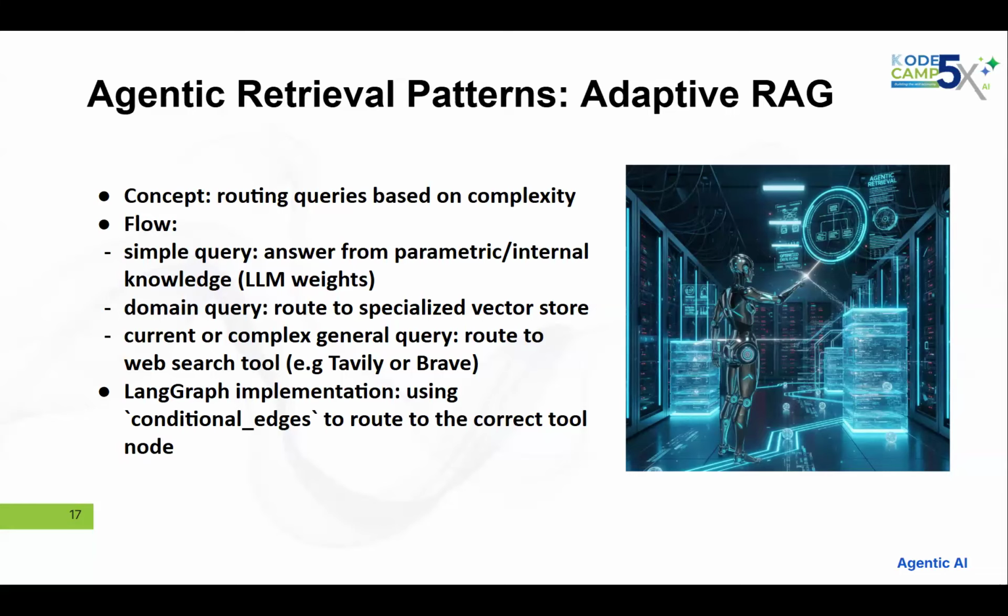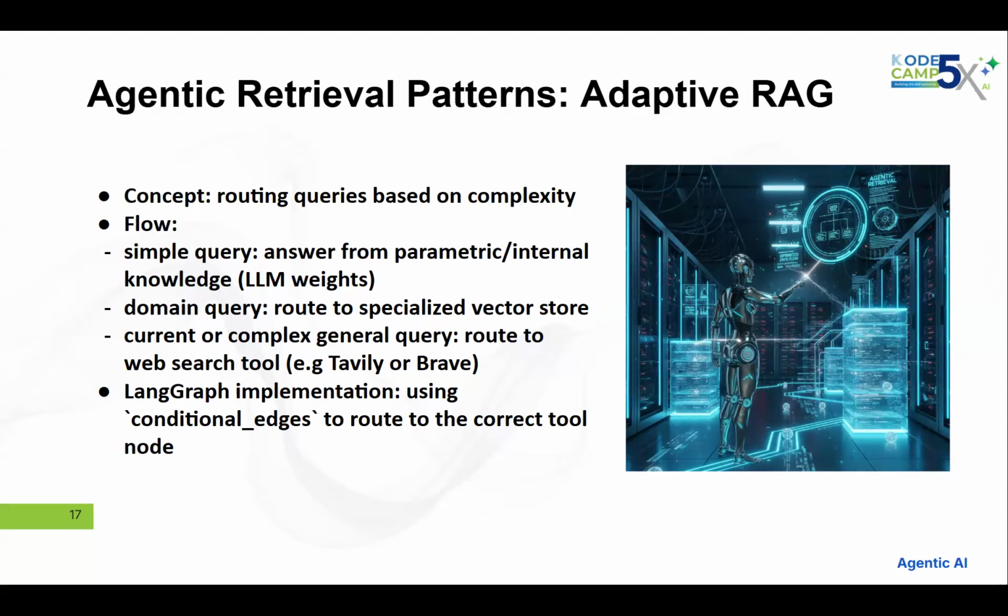And then if it's a current or, say, complex general query, then it could route to maybe a web search tool like Tavily or Brave. We've been using Tavily for some weeks now in our demonstrations for retrieving from websites too. And in LangGraph, this is implemented using conditional edges to route the query.